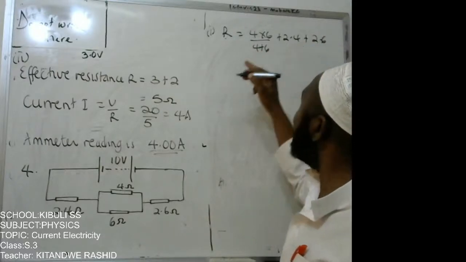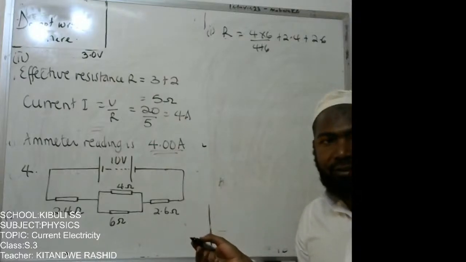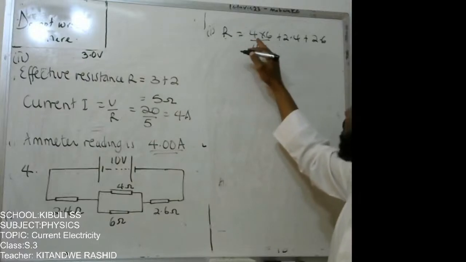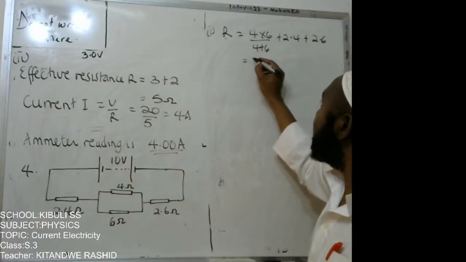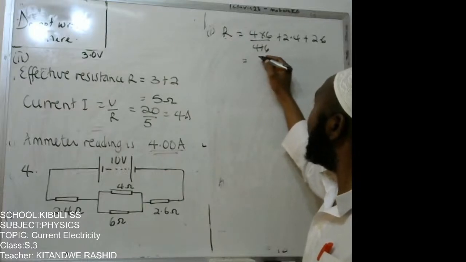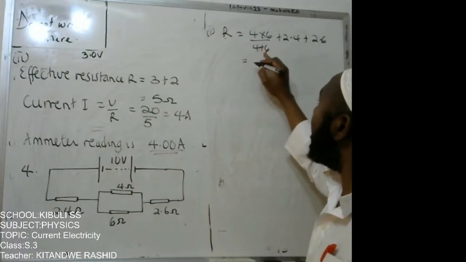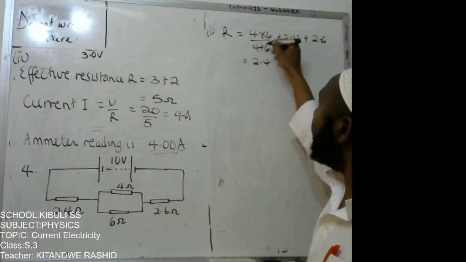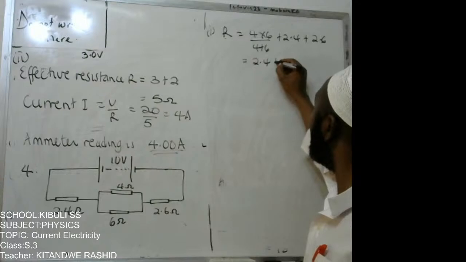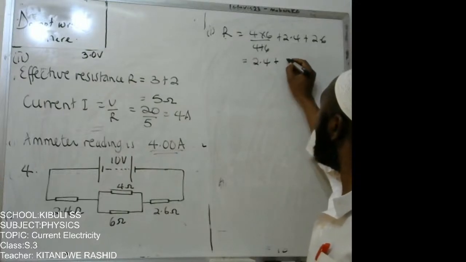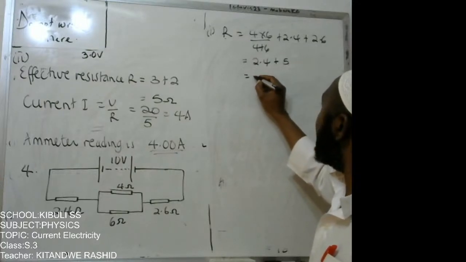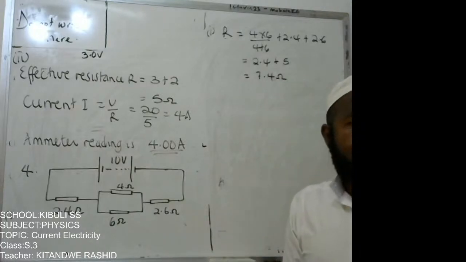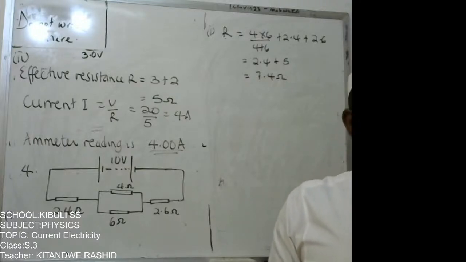So 2.4 plus 2.6 gives what? 5. And then here 4 by 6 is 24, 24 plus 10, 10. 24 divided by 10 is 2.4. Plus this is 5. So this one gives 7.4 ohms.